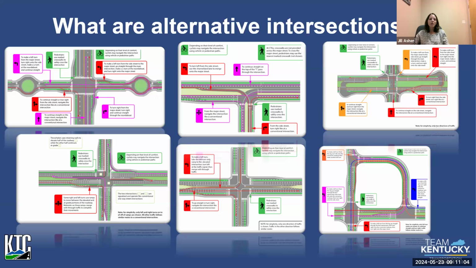If you have an intersection on your project, how do you know what the best alternative might be for that location? Maybe it's a roundabout or an R-cut. In project development in the past, and we're getting better at this, we didn't spend a lot of time talking about different types of intersections. We looked at different typical sections and different alignments, whether we go left or right at the center line.